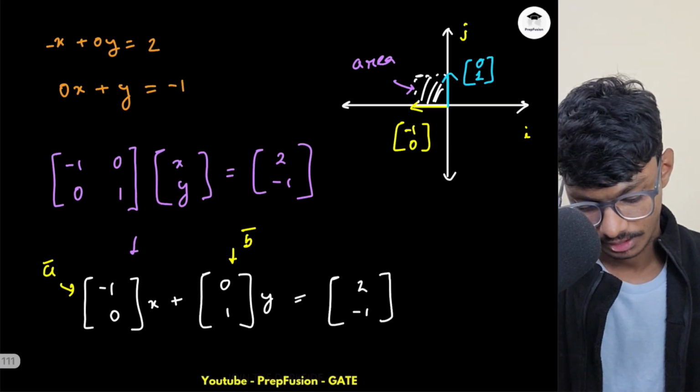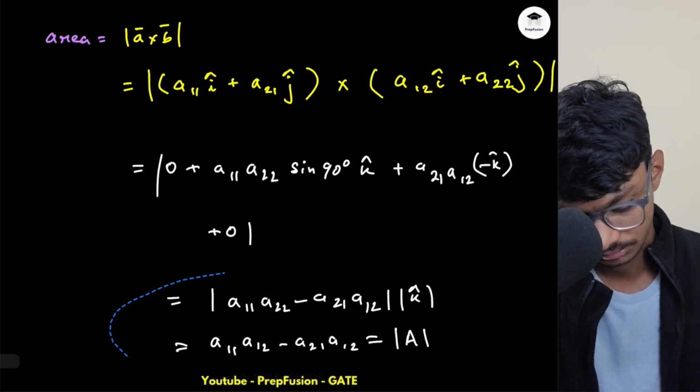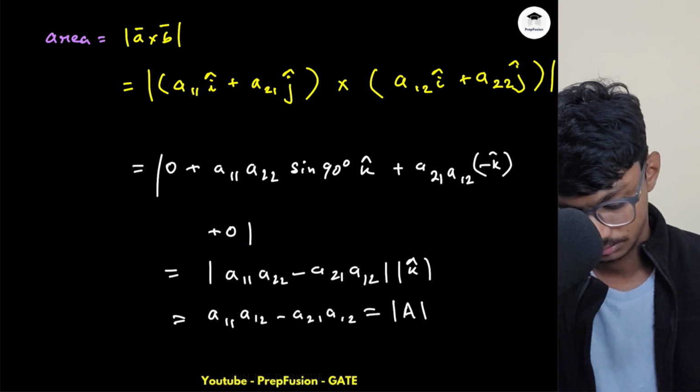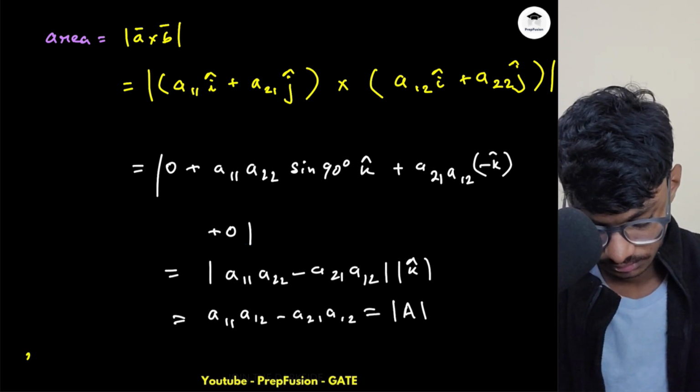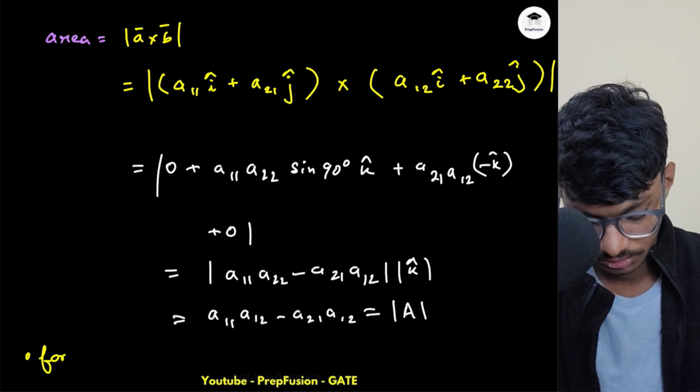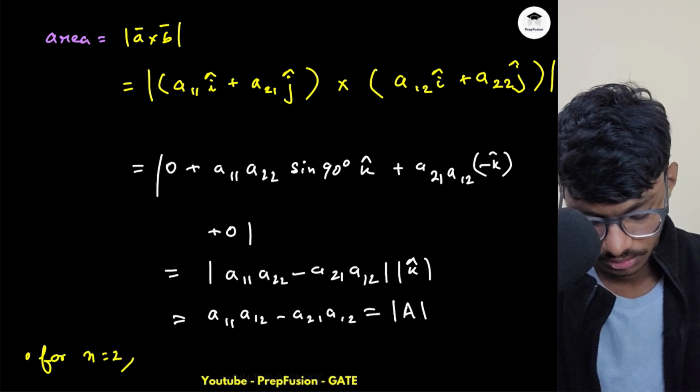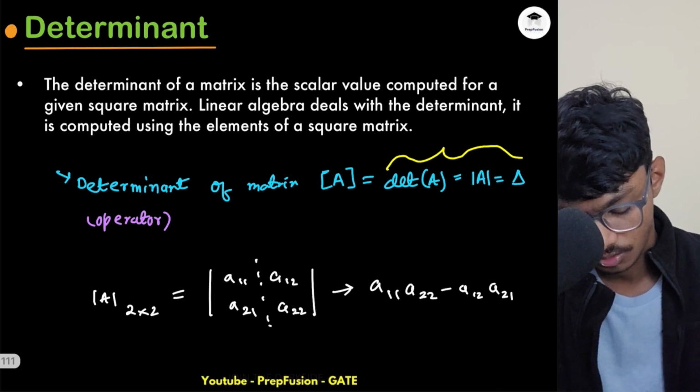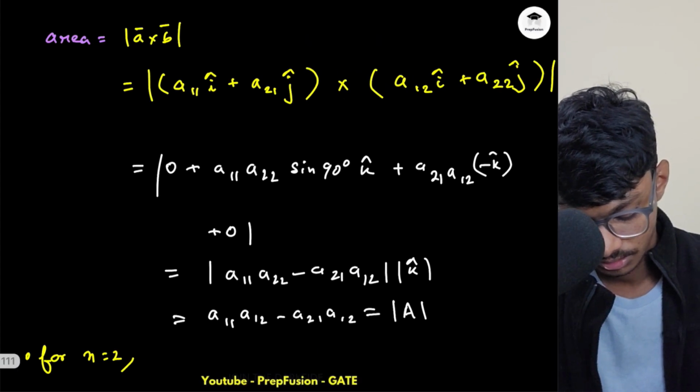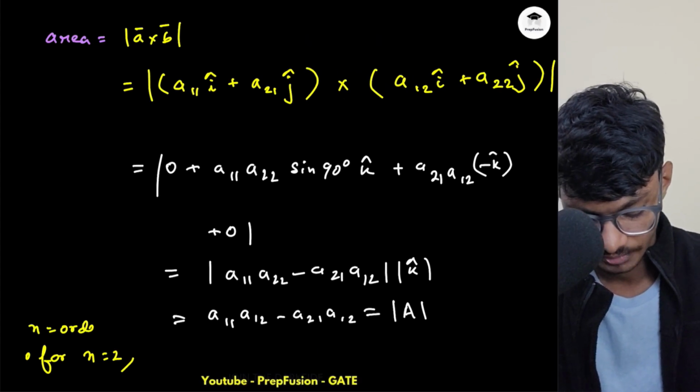So I can write, for n equals 2, where n is the order of the matrix.